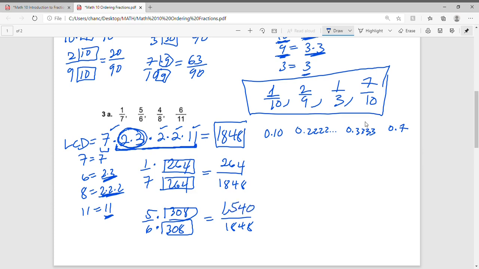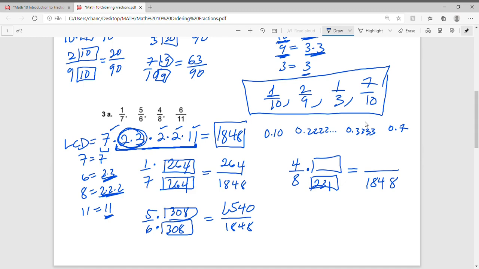Now, looking at these primes, we can figure out the number that we need. We could also use division. For example, 4 over 8, I can figure out what I need to multiply the top and bottom by by looking at division. I can actually do 1,848 divided by 8. 1,848 divided by 8 gives me 231.